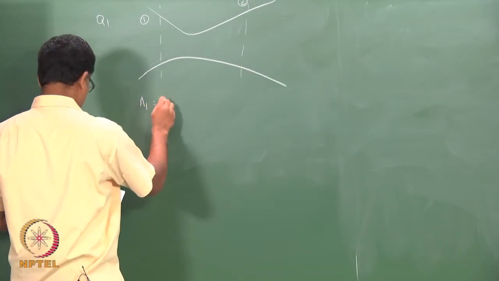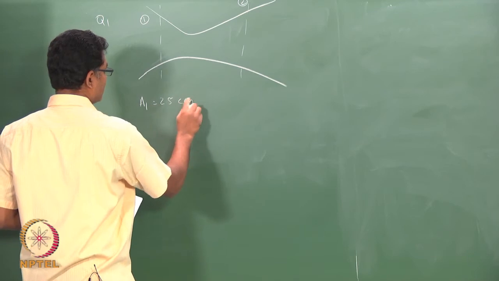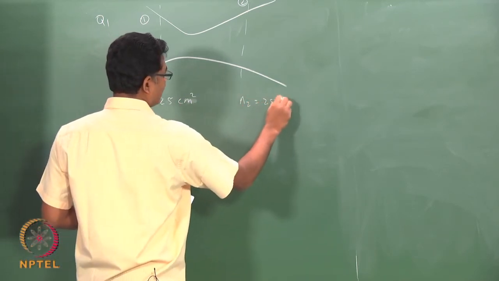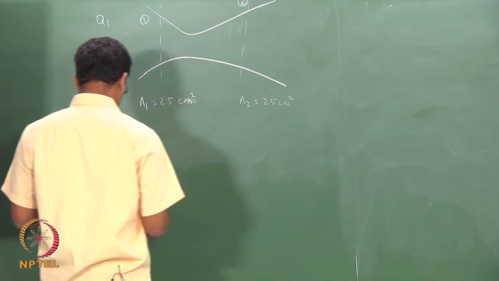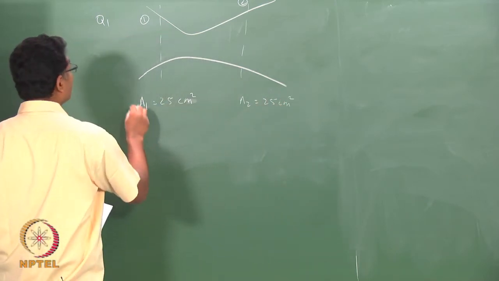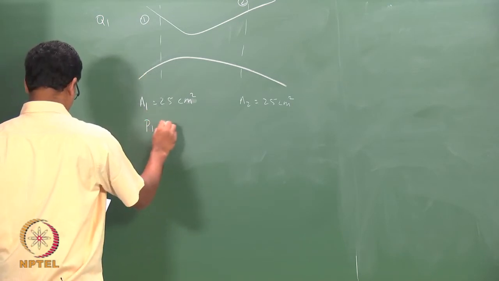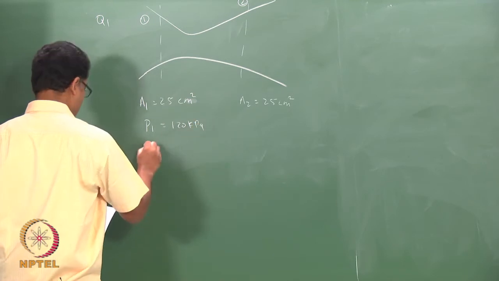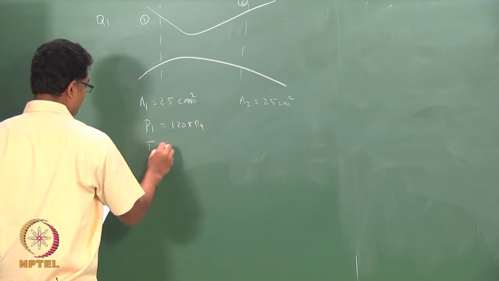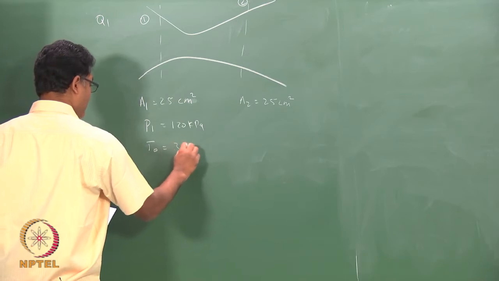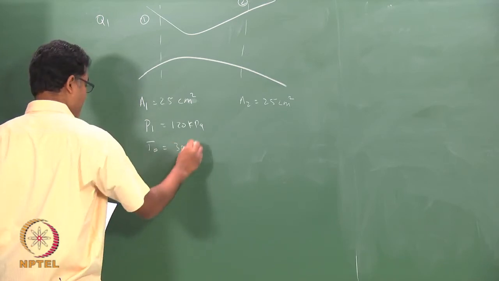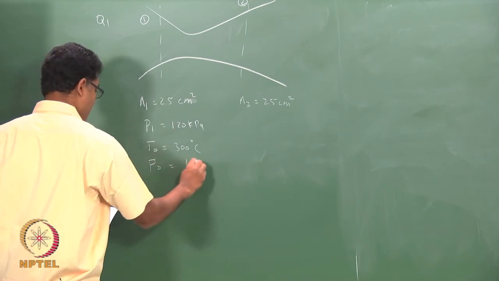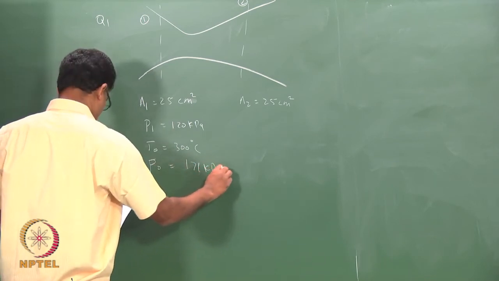My A1 is 25 centimeter square, A2 is also 25 centimeter square. P1 is 120 kilopascal and my stagnation temperature is 300 degrees Celsius. P0 is 171 kilopascal.